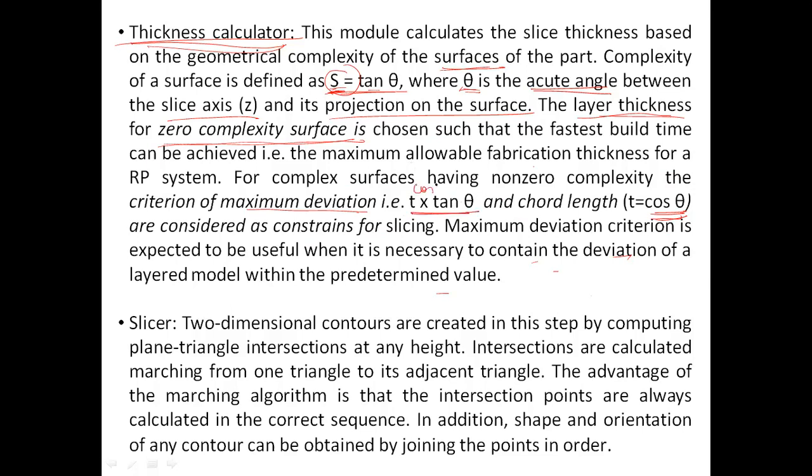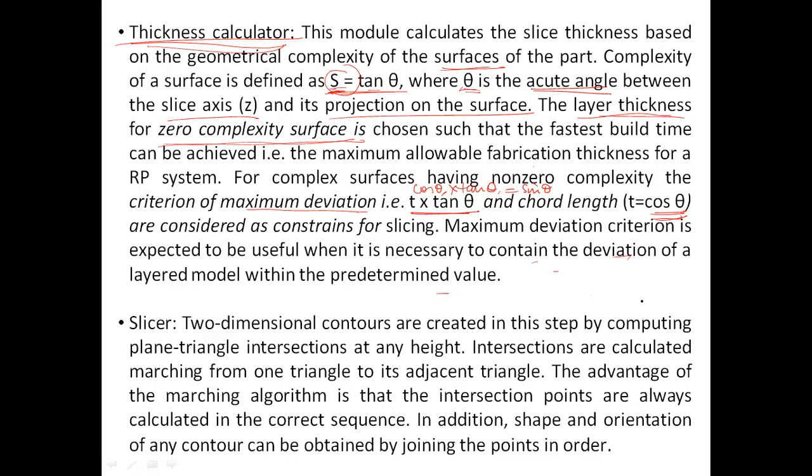If you obtain the value of theta and multiply that by cos into tan, you would end up having it equal to sin theta. So the maximum deviation criteria was useful only when you had a simpler surface where you didn't have a lot of complexities.